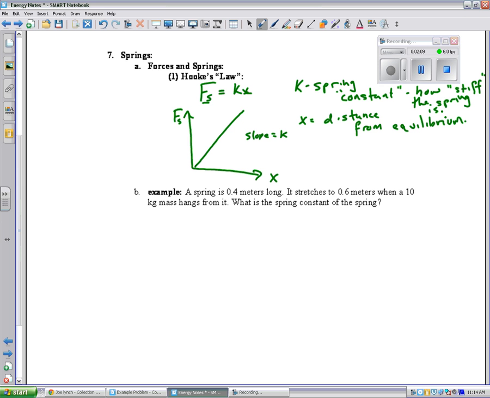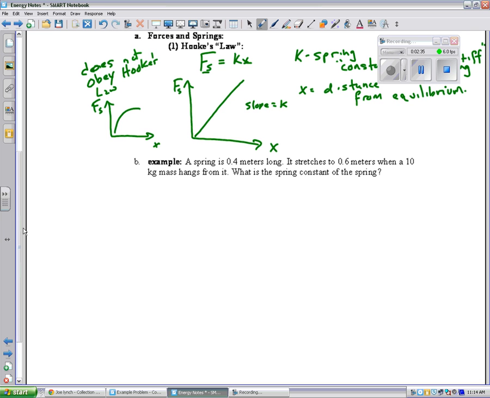If it obeys Hooke's law, it's going to be a straight line like that. If it does not obey Hooke's law, it's not going to be a straight line. Okay, so maybe something like that. But for the springs we're going to use, they're going to obey Hooke's law, and it's going to be a straight line.